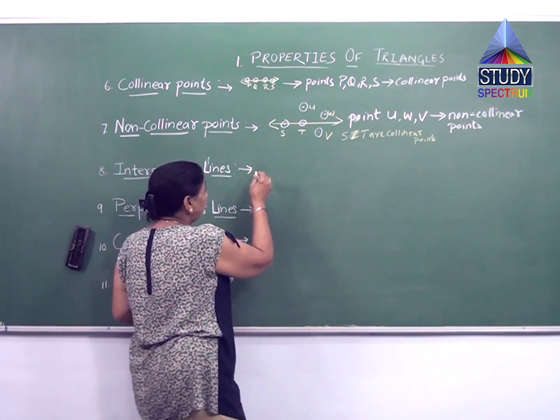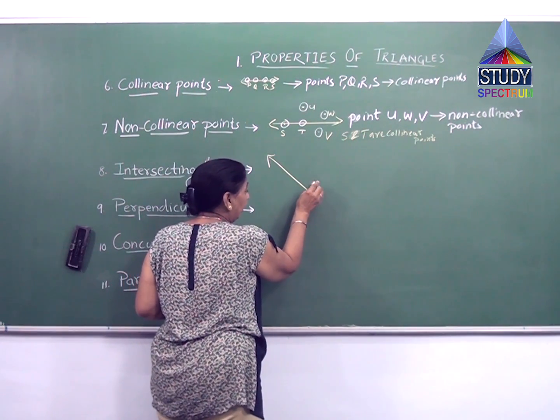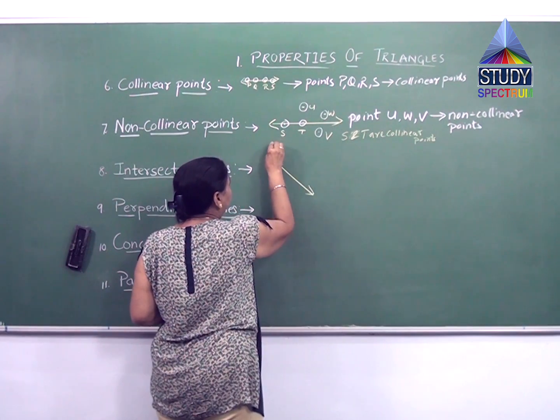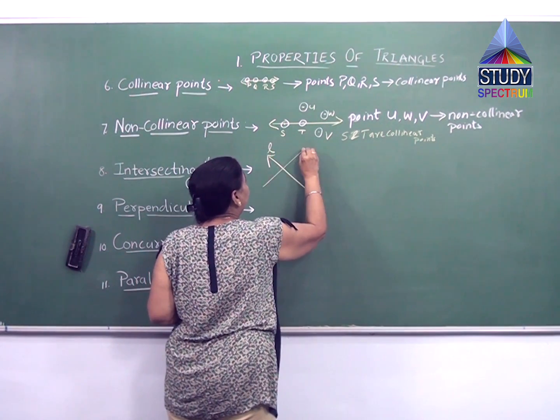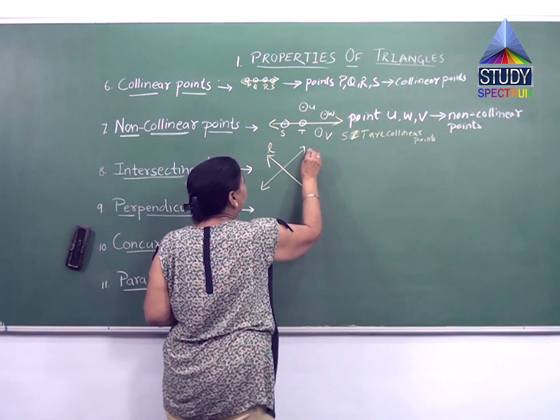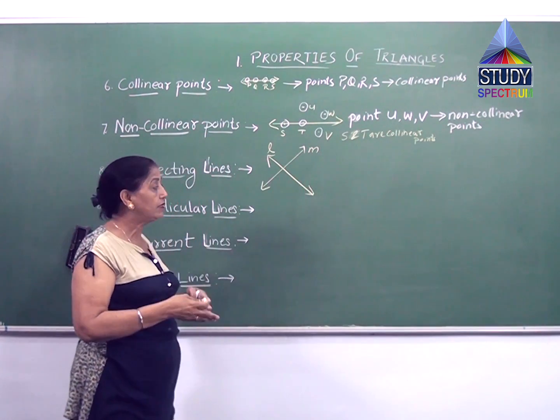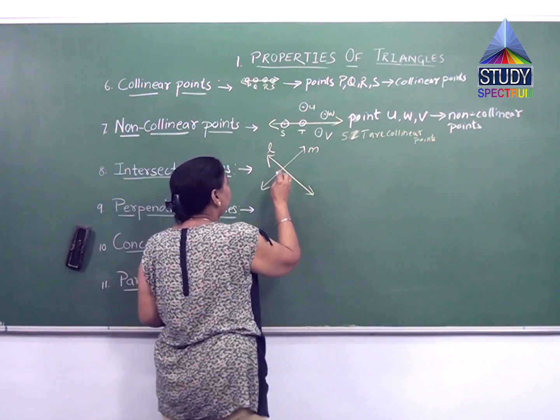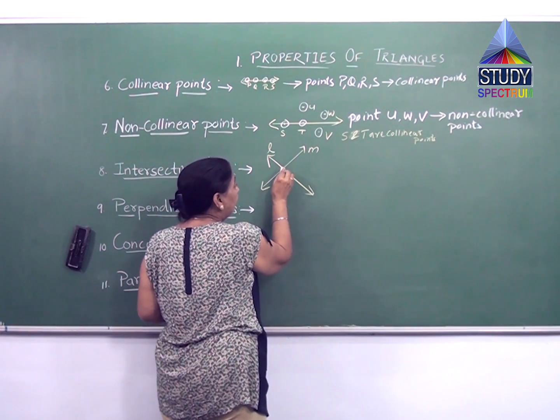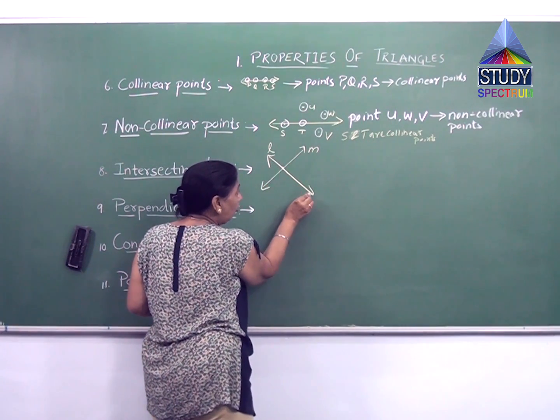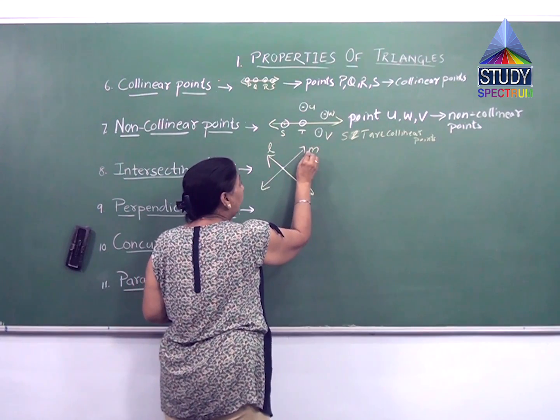Suppose this is a line L, and there is another line which is M. See the intersection. The intersection is over here, this point. This point lies on line L also and it lies on M also.